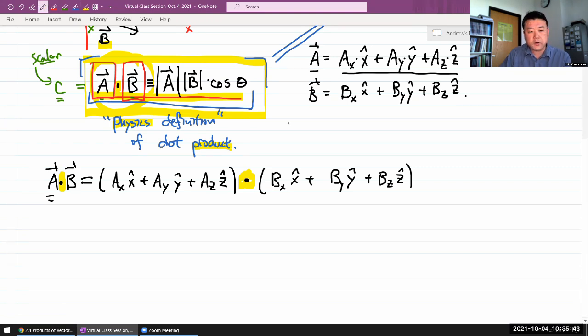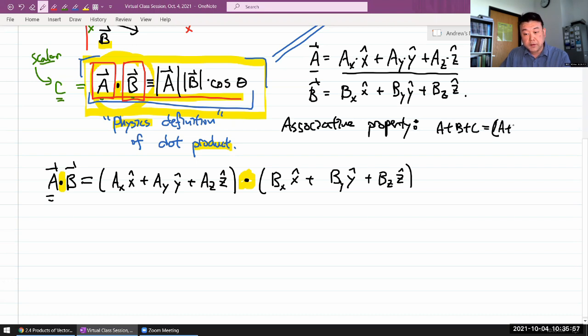So you might have heard of things like the associative property. If you have A plus B plus C, then you could do either A plus B, then C, or A plus B plus C. And you might have heard of the commutative property. That's another one.